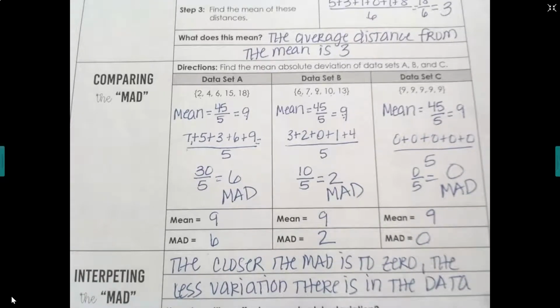Okay, so the closer the MAD is to 0, the less variation there is in the data. So the MAD here was 0, and there was 0 variation in the data.